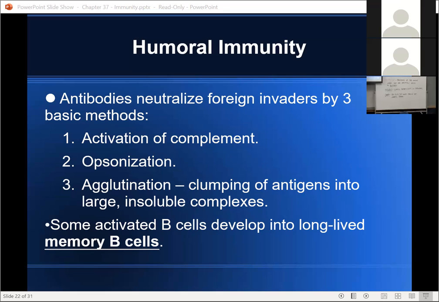But what happens then, if your body encounters that same antigen again, is that these memory B cells become activated. So the response is a lot quicker. You have a memory immune response rather than having to develop a new specific immune response. A specific immune response takes at least 7 days to start, and that's just the beginning of it.